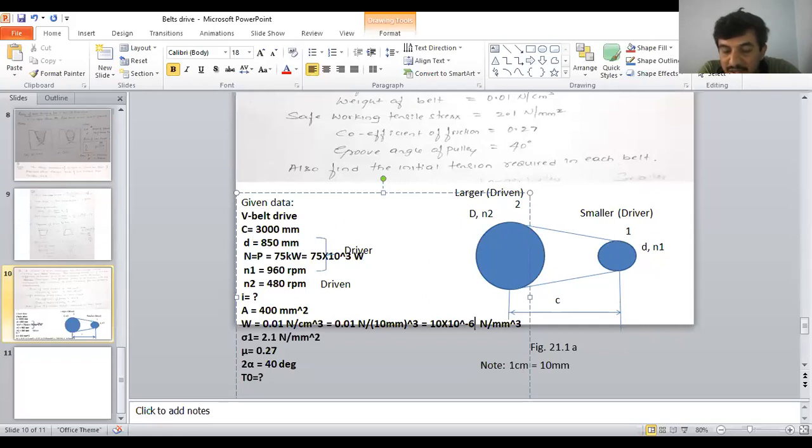You get 1000. That goes to the denominator, so it becomes 10 raised to minus value, right? Is it right? Yes, sir.